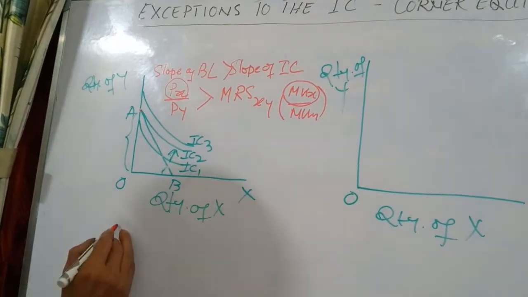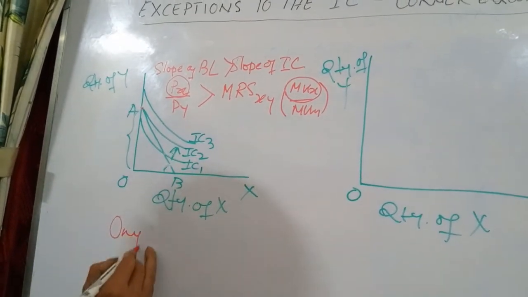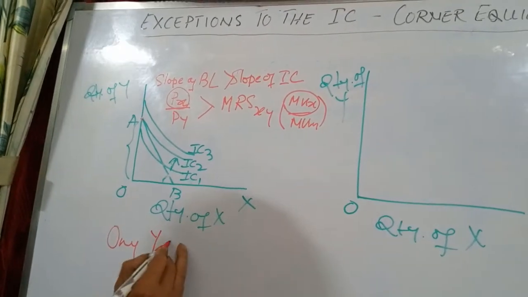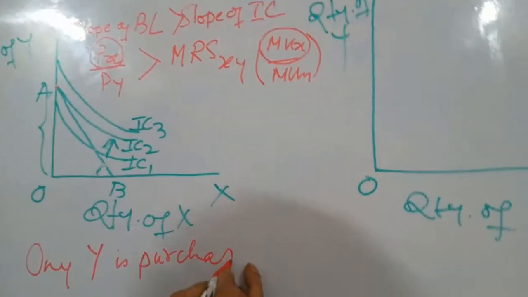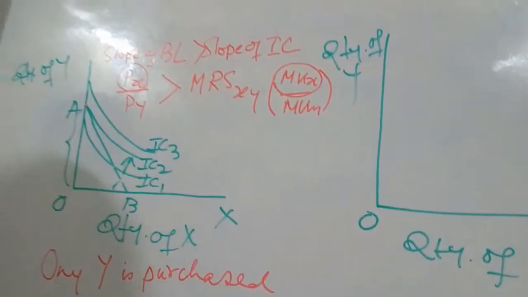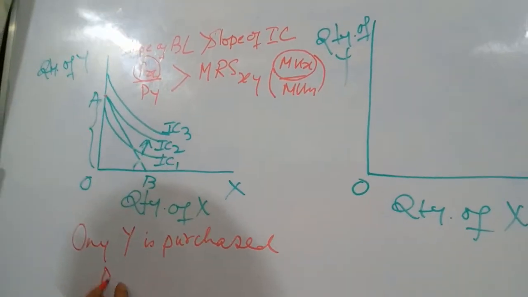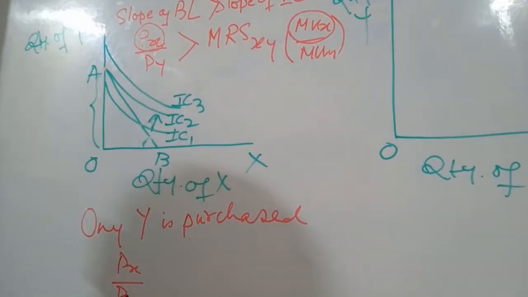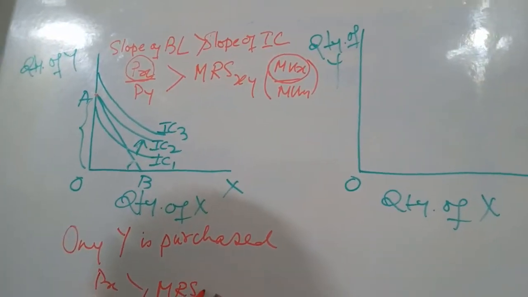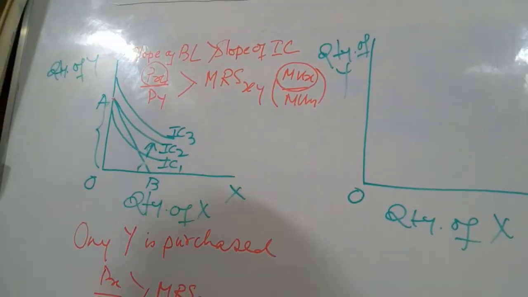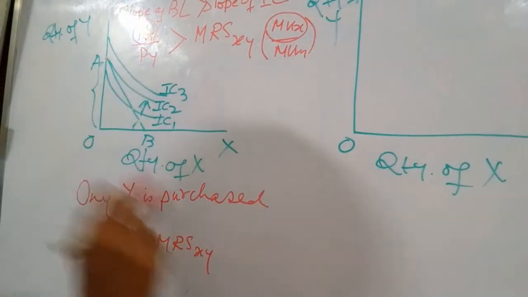Here only Y is purchased. So when PX by PY is greater than MRS XY, then only Y is purchased.